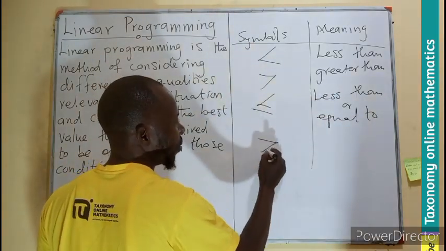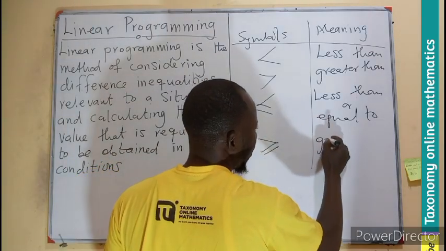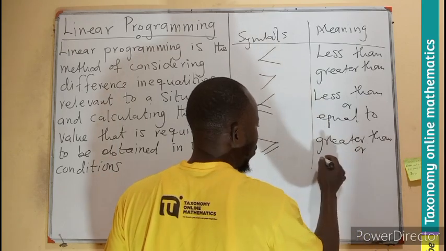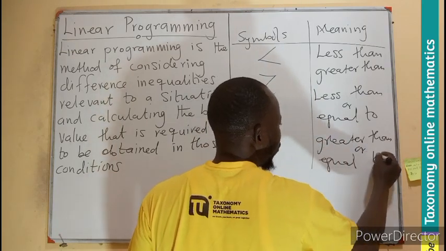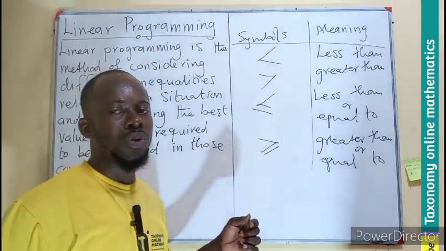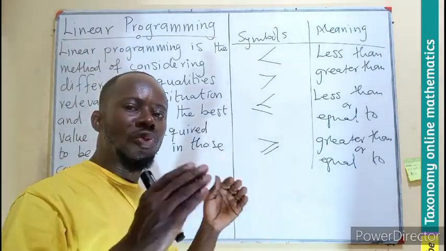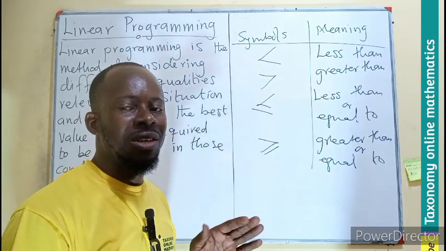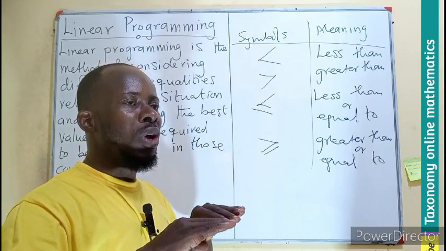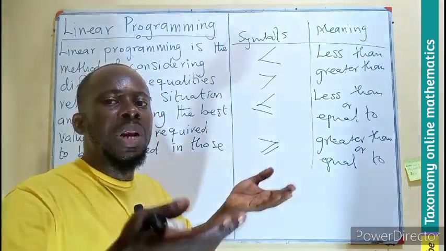Then we have this as greater than or equal to. So these are the four inequality symbols that are placed between two algebraic expressions which are showing inequality, not equality.